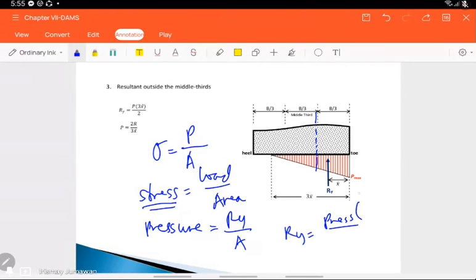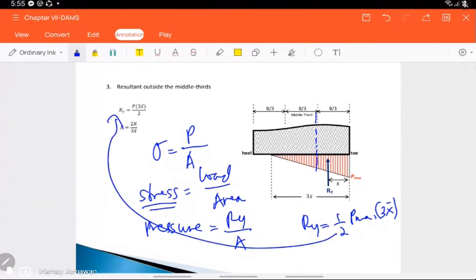So you have P, right? The area is 1/2. So for the area, Ry, that is the load, is 1/2 of P max times 3x.